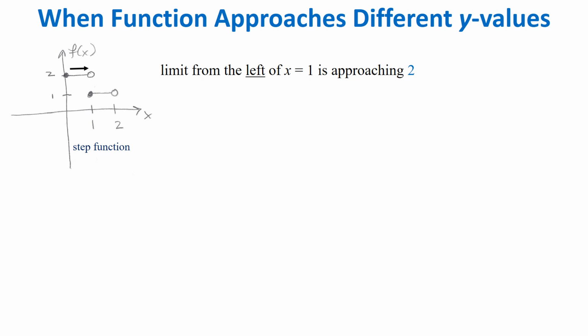Here, because it's a horizontal line, they actually are 2, but that's not really relevant here. Then if we look at it from the other side, at 1.01 and getting closer to 1, 1.001, 1.0001, all those values are 1. So we can say the limit from the right as x approaches 1 is 1.